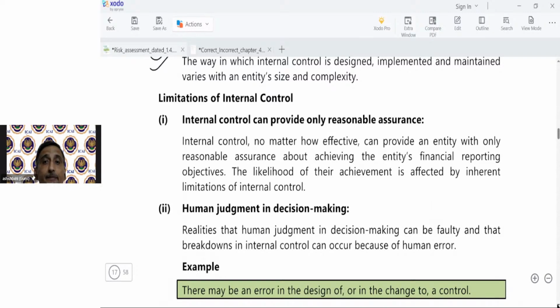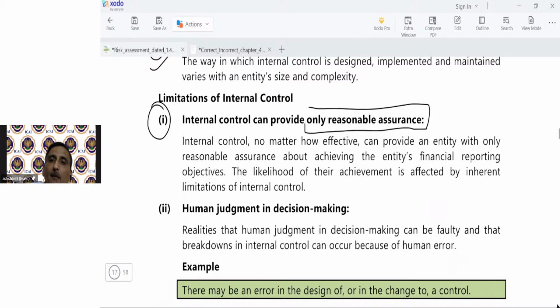So we had read in the definition of internal control that internal control only provides reasonable assurance. When something provides reasonable assurance, it becomes its limitation, isn't it?